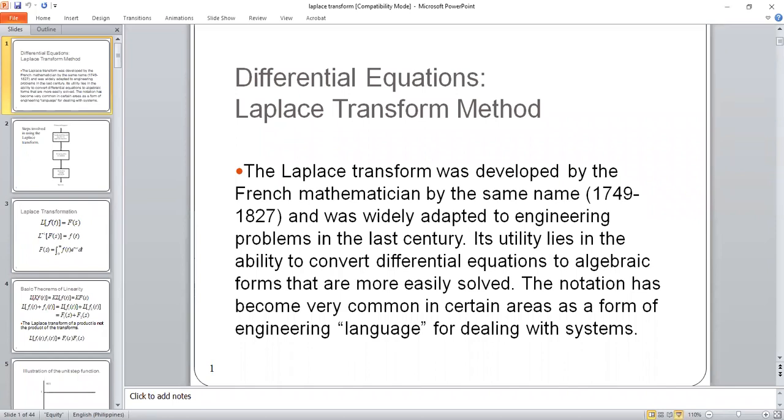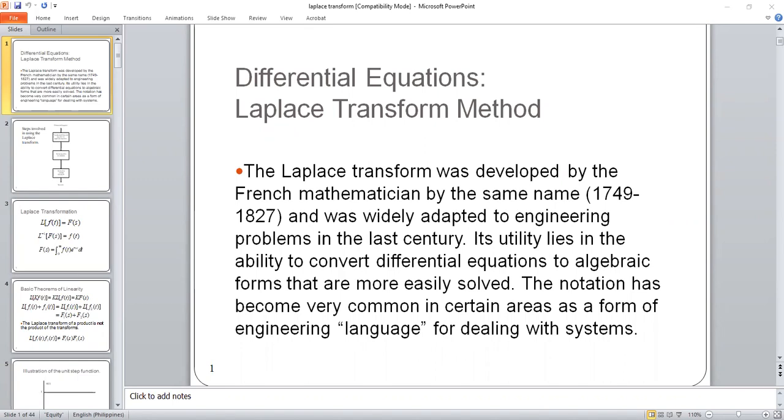So last week, we started with the introductory portion of Laplace transformation. It was shared to you that this particular method was developed by a French mathematician. It's another tool in determining solutions of higher order differential equations as long as they are linear with constant coefficients.